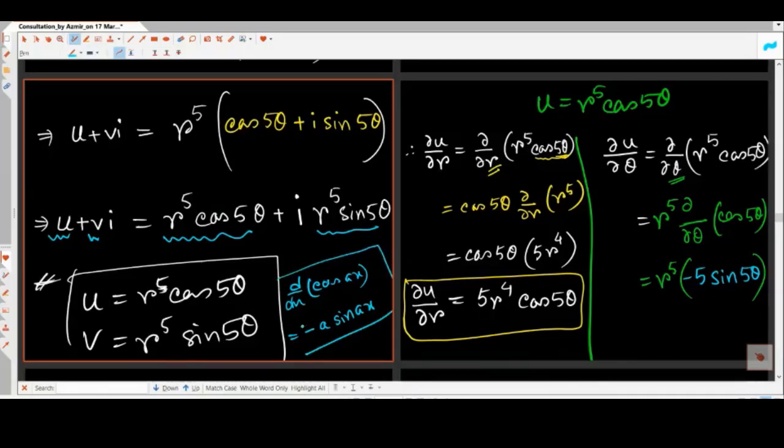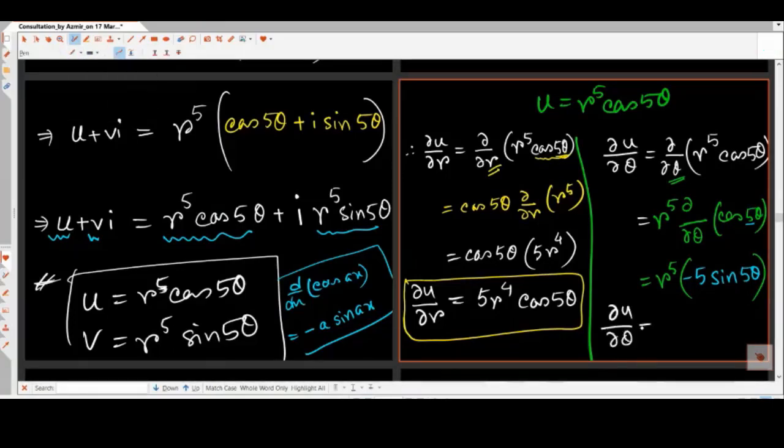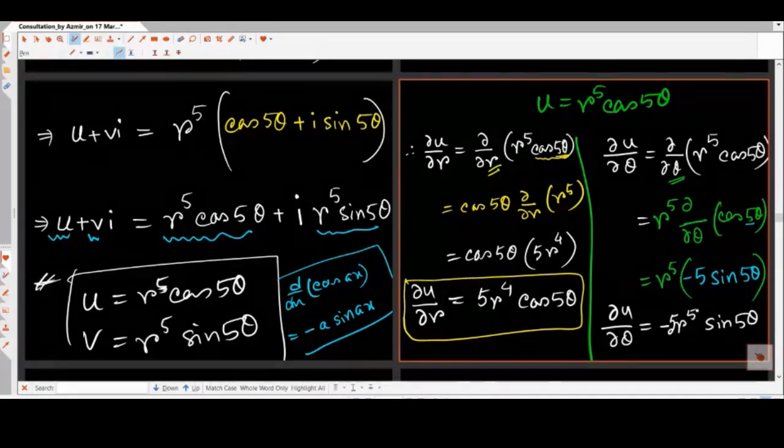Think about 5 as a. So now we have found du d theta, equal to negative 5 r to the 5 sine 5 theta. So the second part is also found.